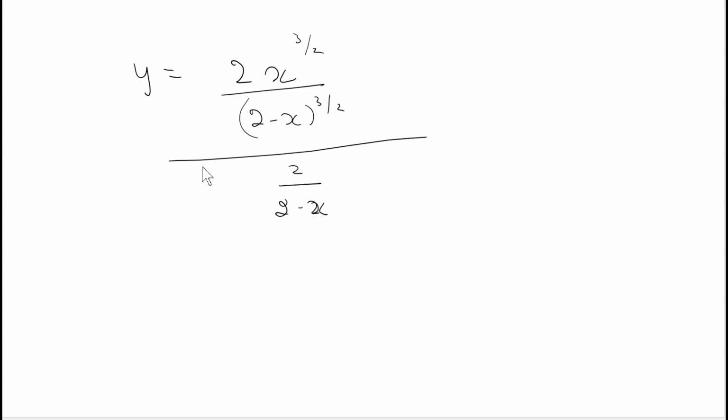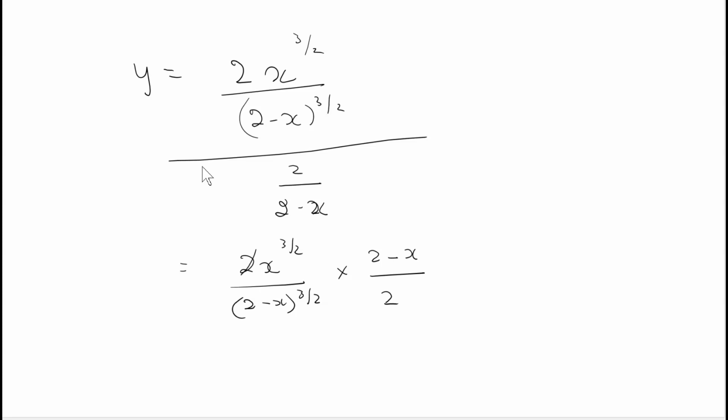Okay, now what we can do is we can divide using our fraction rule for division. So we've got 2x to the 3 over 2 times 2 minus x to the 3 over 2. Now we're dividing by a fraction, so we're going to flip and multiply.